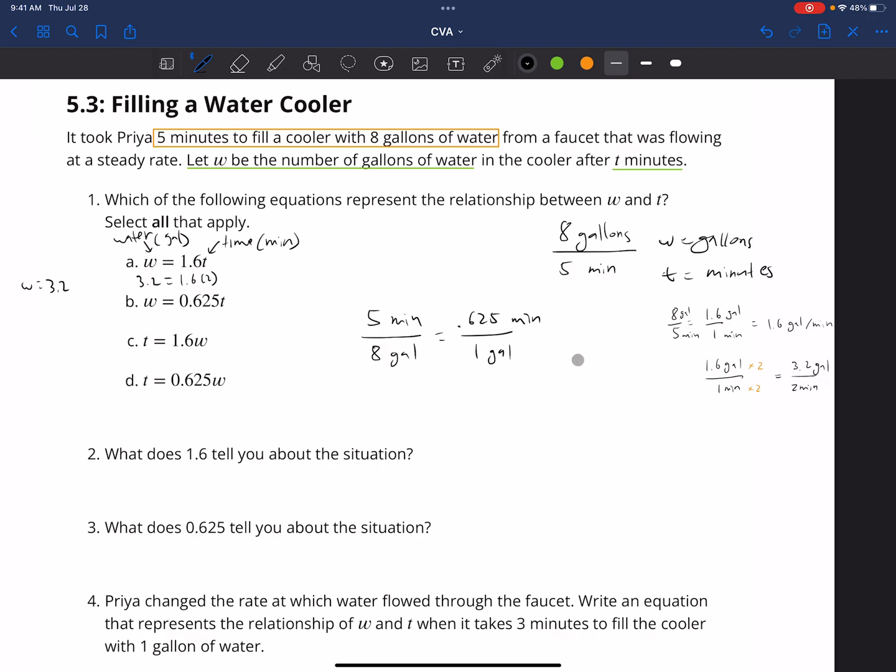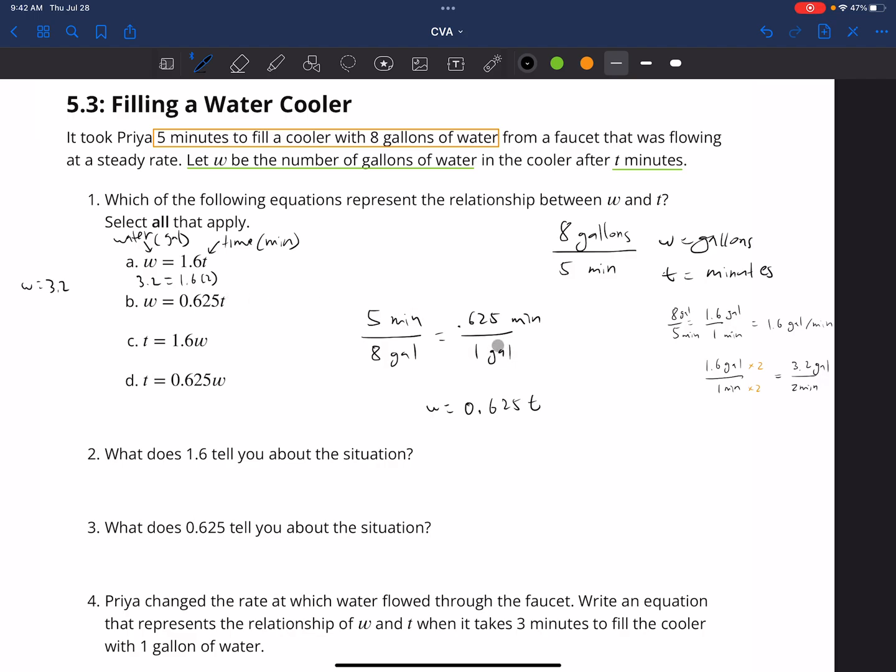Now let's take a look at this one. Let's do W is equal to 0.625 times T. If I put in 1 minute, the gallon should be 1 gallon.